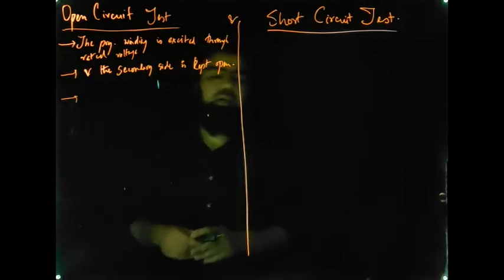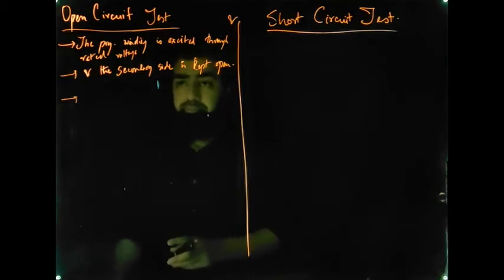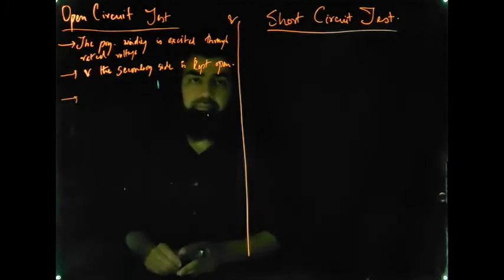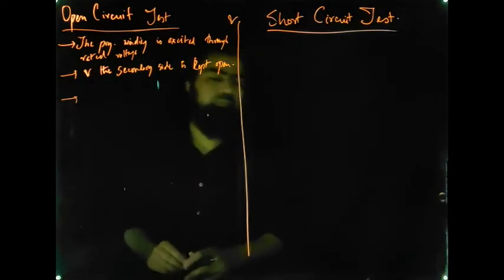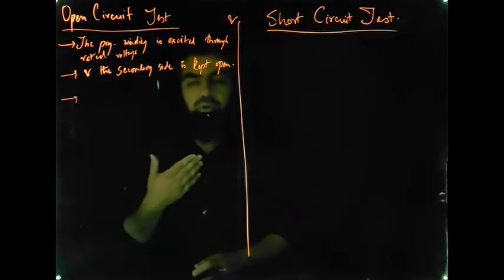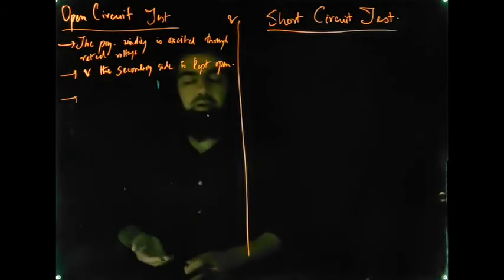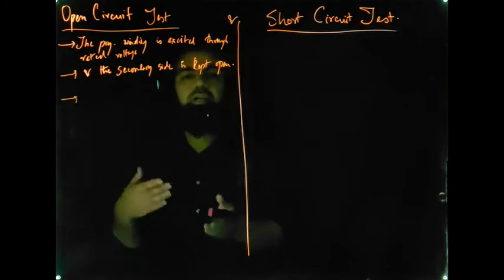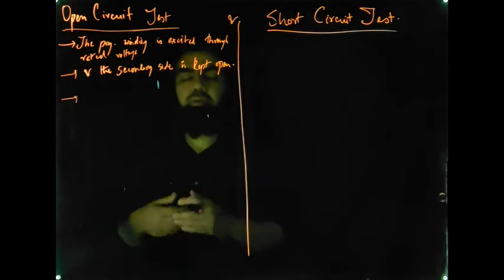So we can say that the voltage drop in RC and XM will be the input voltage.